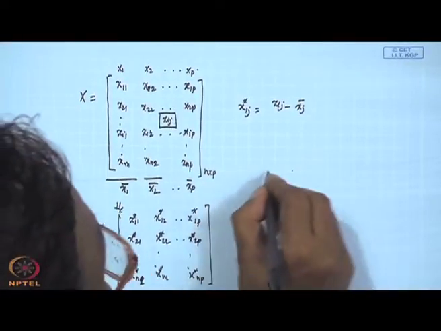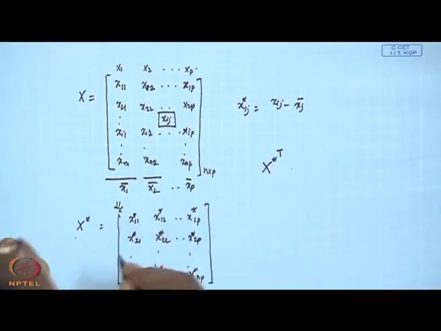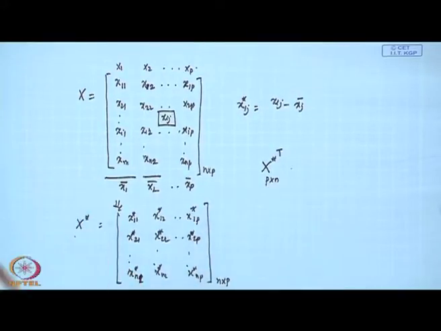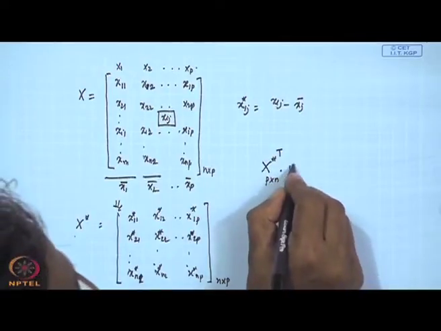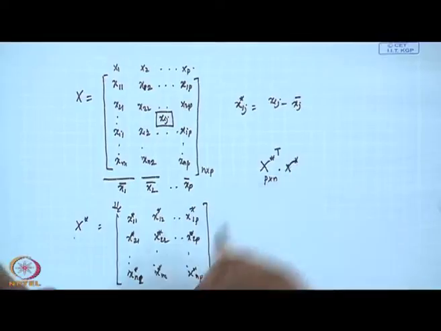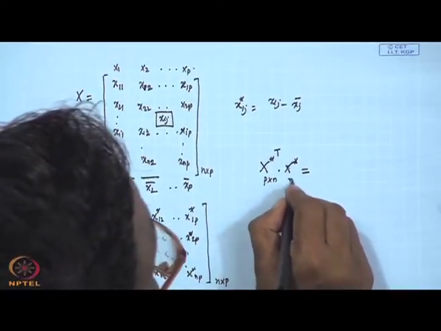Now, if you create this X star transpose, what will be the order of this matrix? p cross n, and take a dot product with X star, which is n cross p.